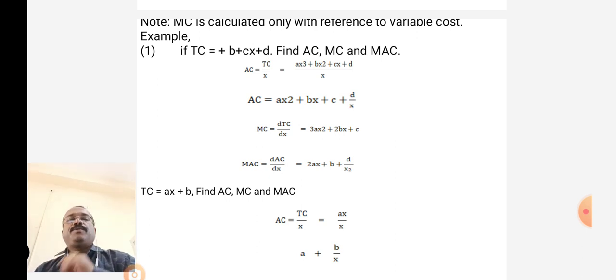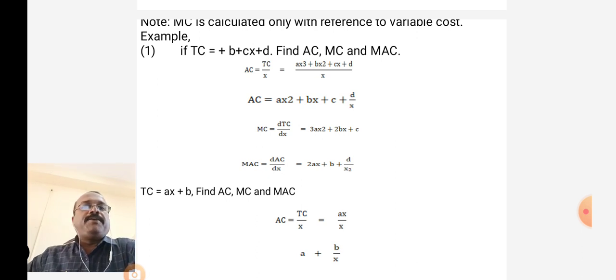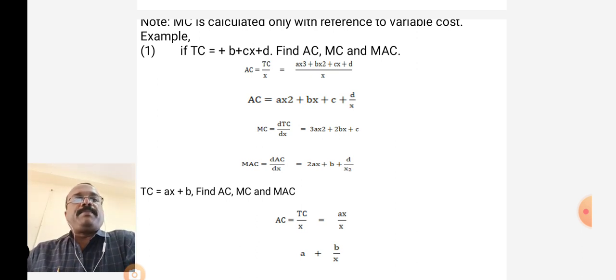When we discuss problems of cost functions with solution, I have quoted that marginal cost is always calculated only with reference to variable cost. There is one example I have given: if TC equals ax cube plus bx square plus cx plus d, find AC, MC and MAC.